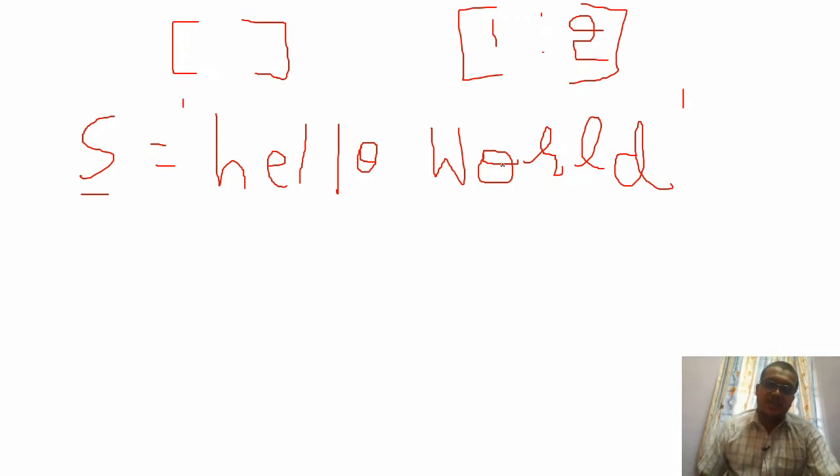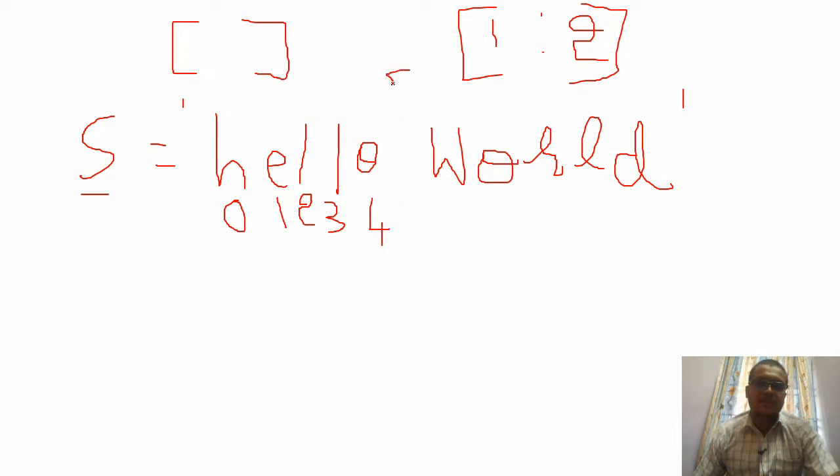Before going to accessing the strings, one thing you need to understand: all the accessing is going to happen from 0. You can count here 0, 1, 2, 3, 4. So the space value is at the fifth position.